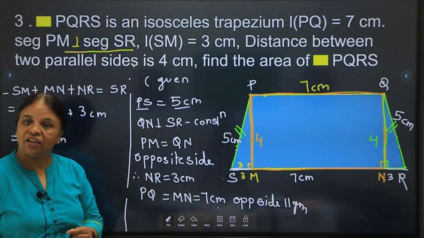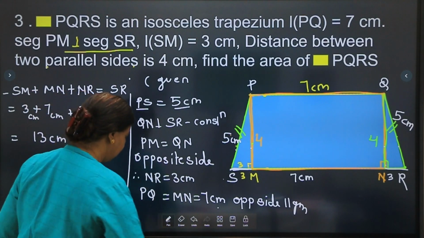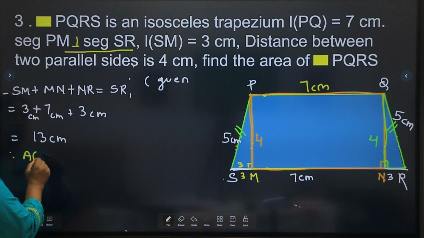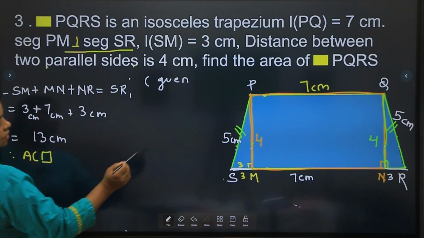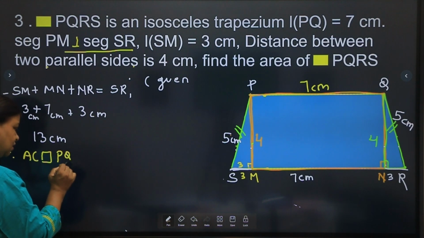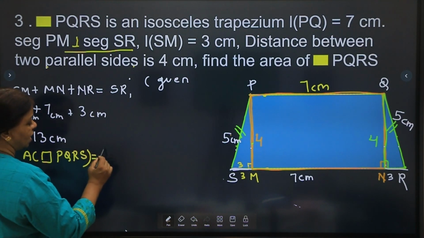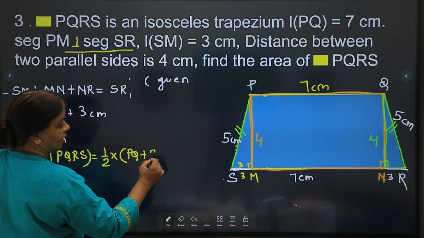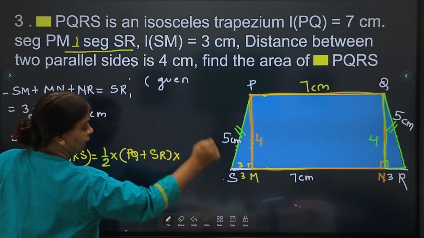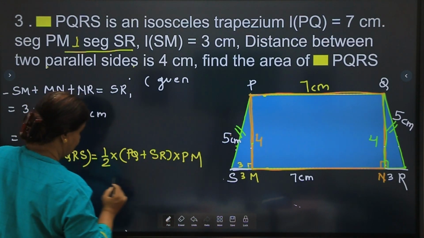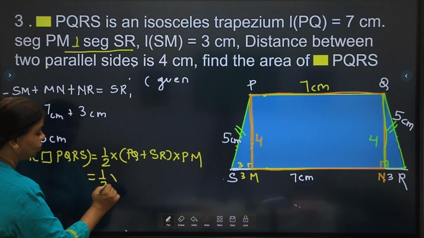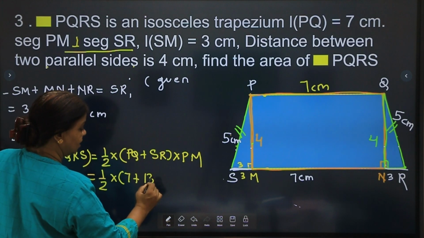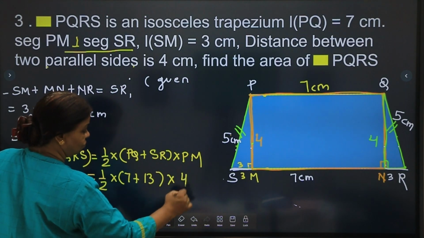Can we find out area of this figure? Yes, it is a trapezium. We can easily find out. Therefore, area of quadrilateral PQRS is equal to half into PQ plus SR into height, that is PM. Place the values: half into PQ is 7 plus SR is 13 into height is 4.